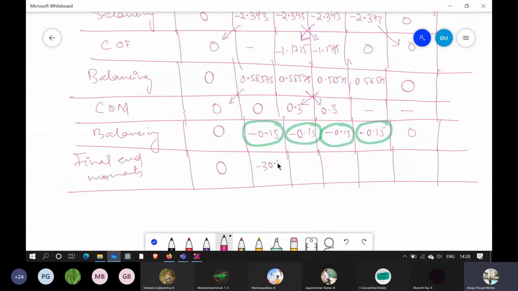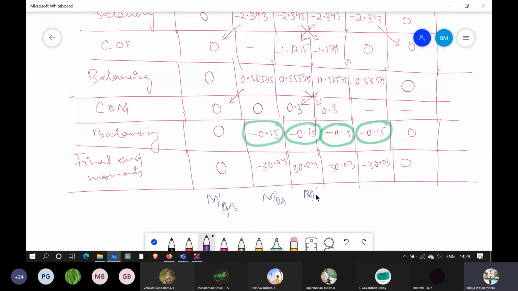So this one is M dash AB, this is M dash BA, this is M dash BC, this is M dash CB, this is M dash CD, this is M dash DC.